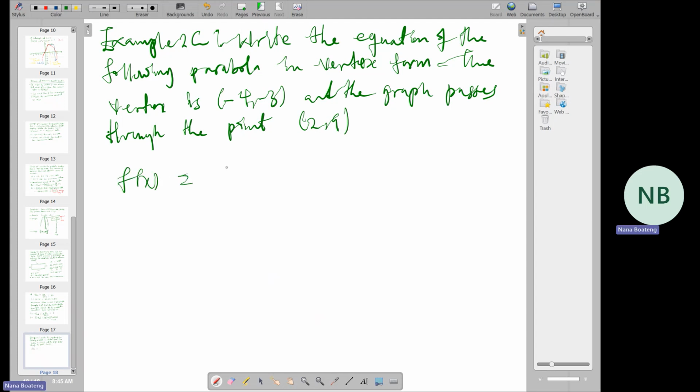All right, so the standard form of the quadratic equation in vertex form is f of x is equal to a times x minus h squared plus k, where the vertex is h, k.